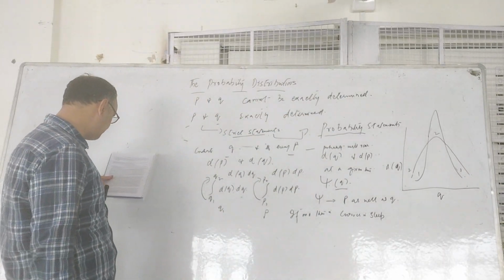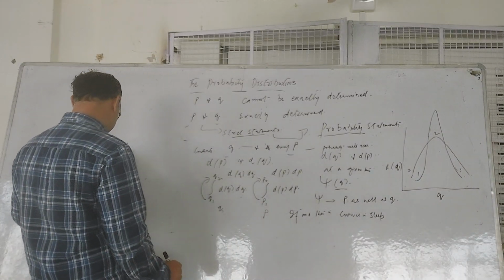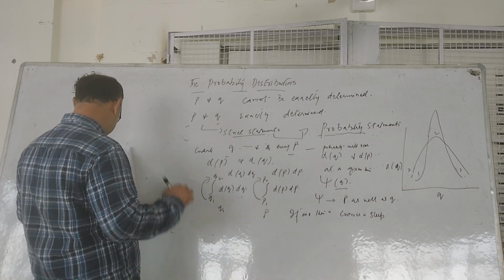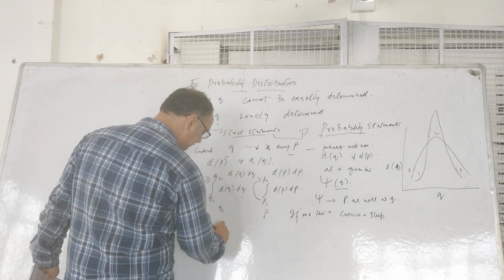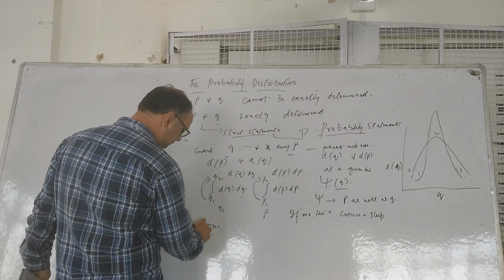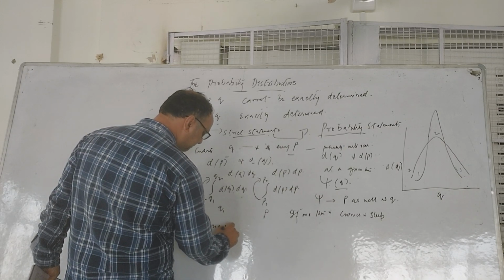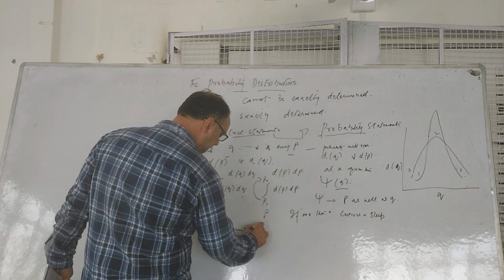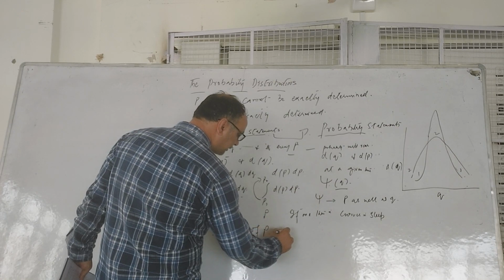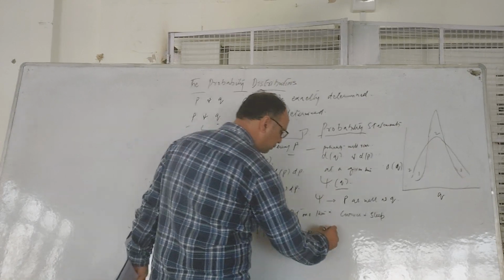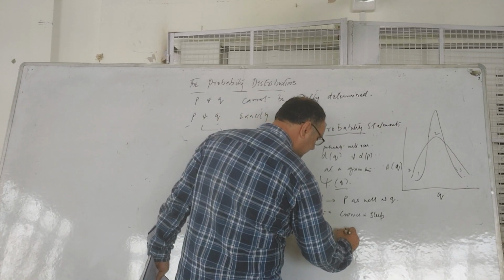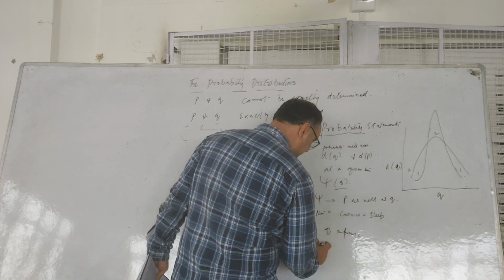Physically it means that exact measurement of p will make q imprecise and vice versa.